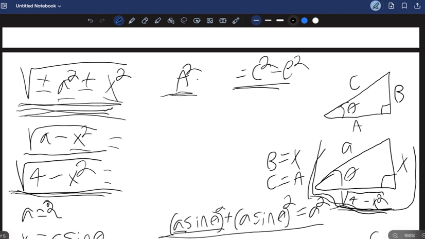So the square root of a has to be on the hypotenuse, and x has to be the adjacent, which means a is my whole thing here: the square root of a squared minus x squared.